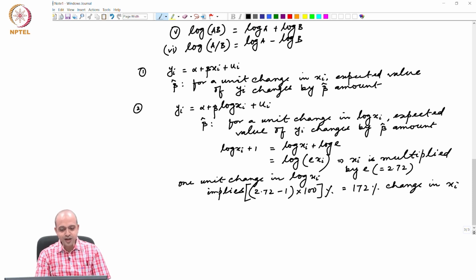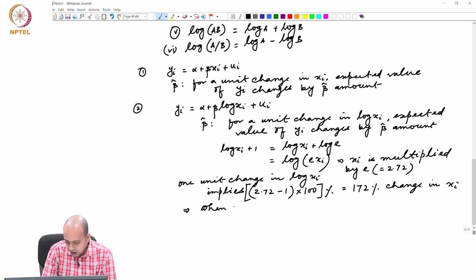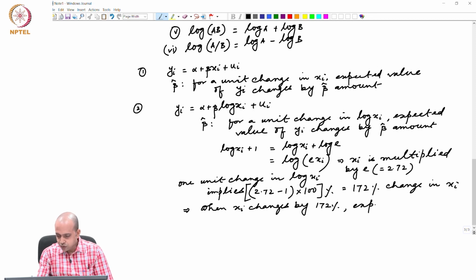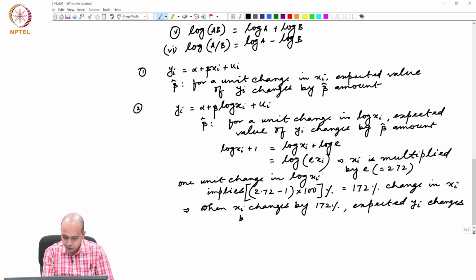So, what does beta hat indicate in this model? When xi changes by 172 percentage, the expected yi changes by beta hat amount.